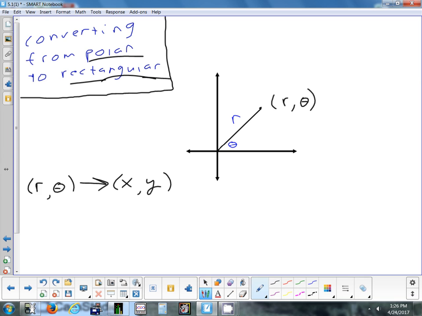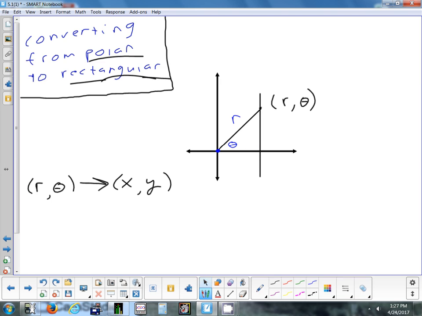And now my goal is to figure out how far I move from the origin to the right and up. So what could I turn this picture into that would make it easier to see? Yeah, we're going to make it into a triangle. We'll take a vertical line and put it right at the end of my radius. Because it's vertical, it's perpendicular to the x-axis.